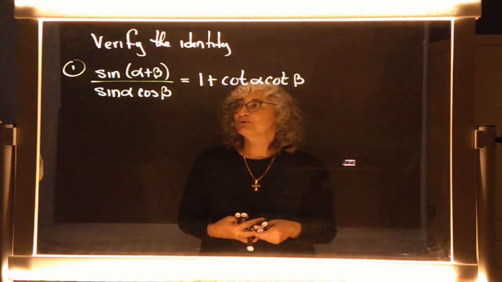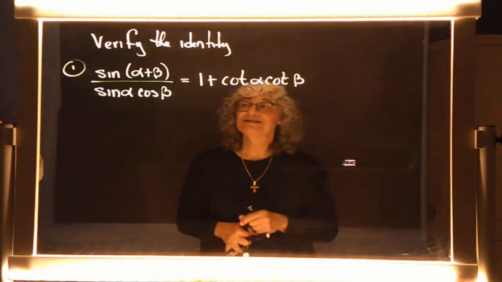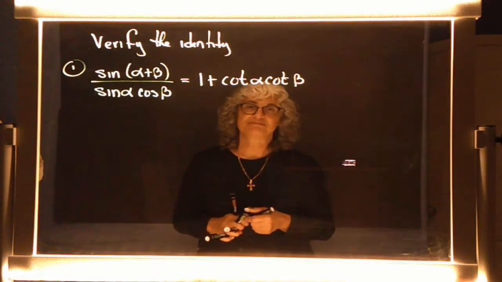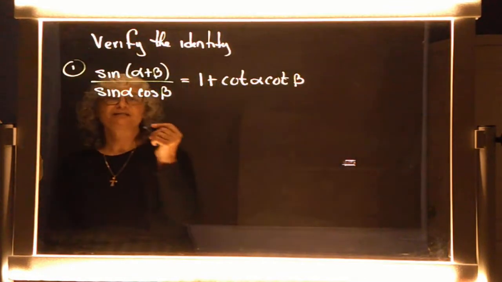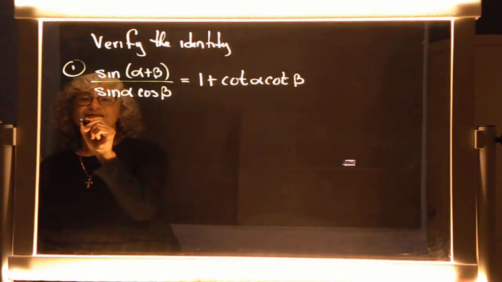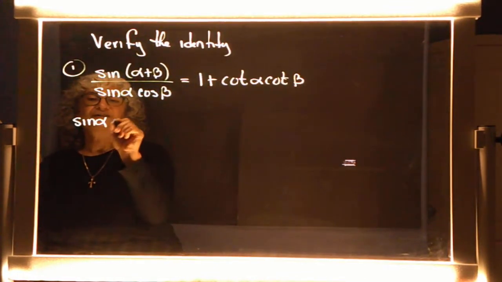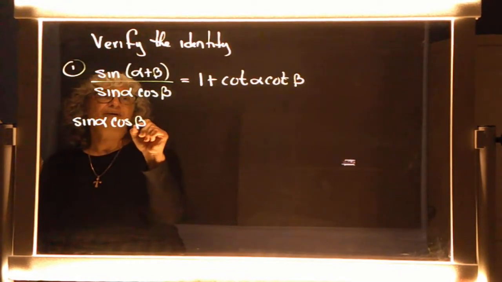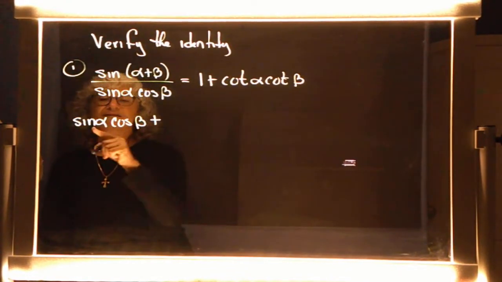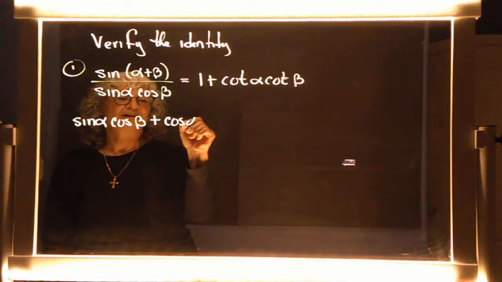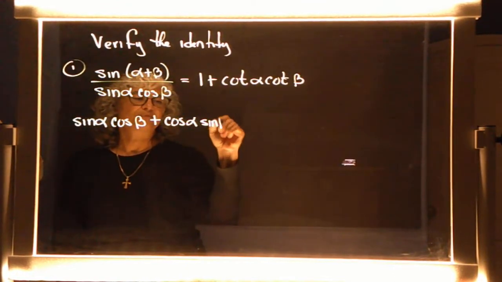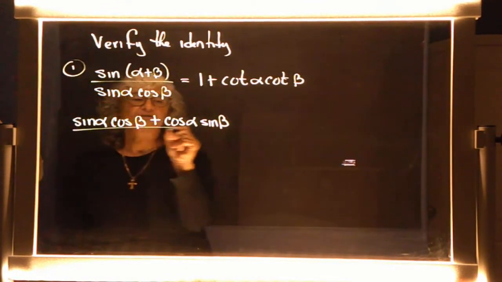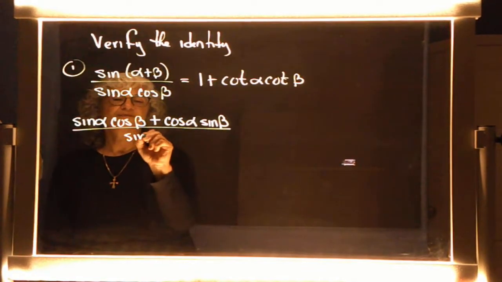So I am going to take my sine and I'm going to distribute it using one of those formulas, right? So I've got the sine of alpha times the cosine of beta plus cosine of alpha times the sine of beta all over this denominator, right?